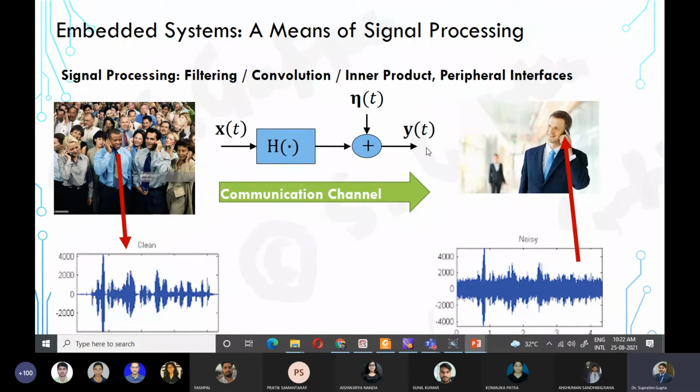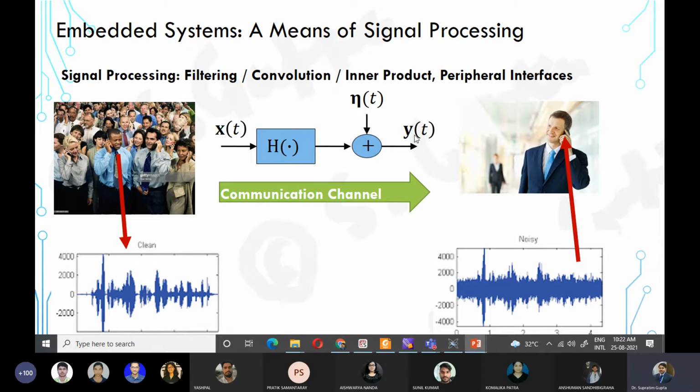This eta(t) can also include any noise which may arise in the communication channel, which may be a wired channel, and in this case we have a wireless channel.